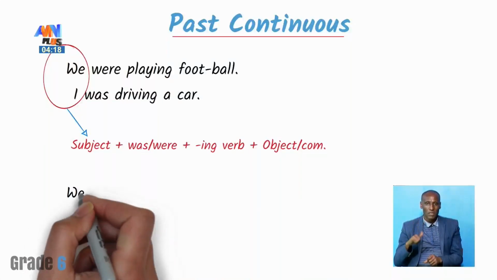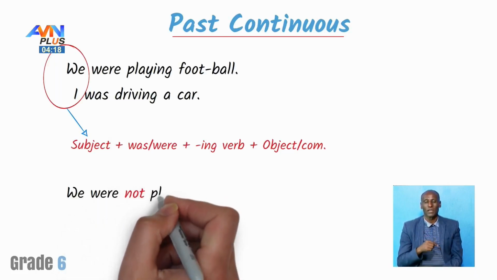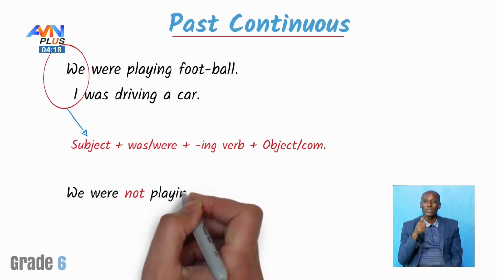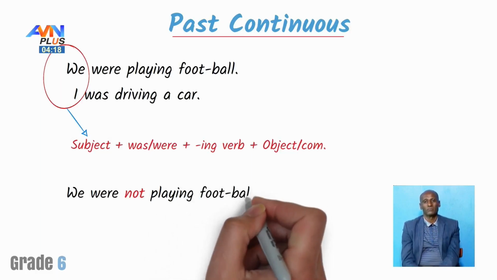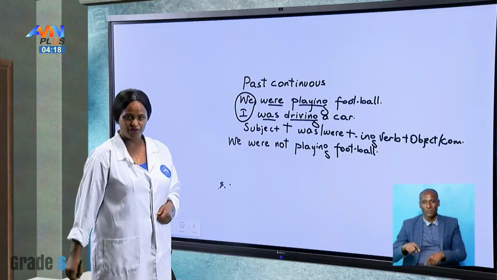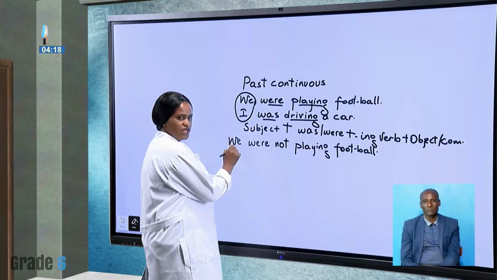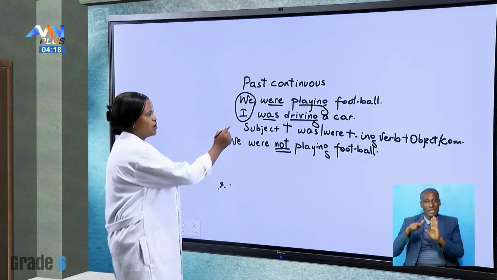We were not playing football. What do we have here? We, our subject, then were, and then not. This word makes our sentence what? Negative.